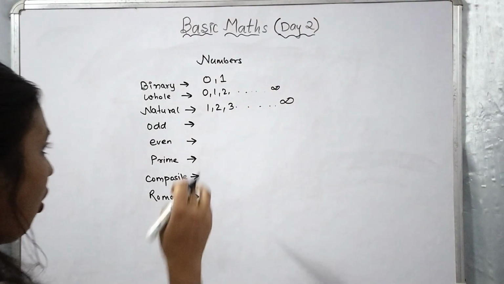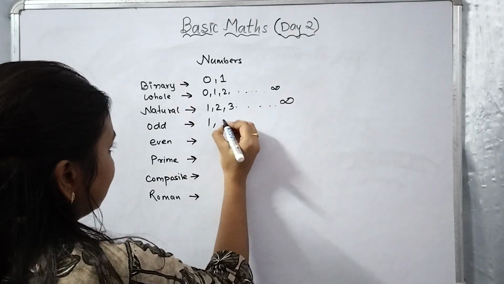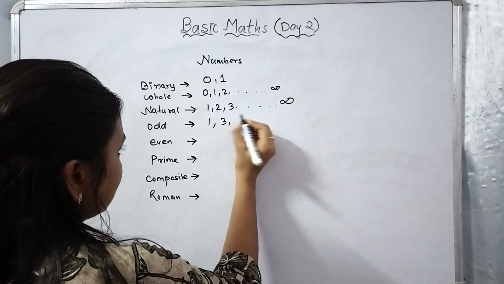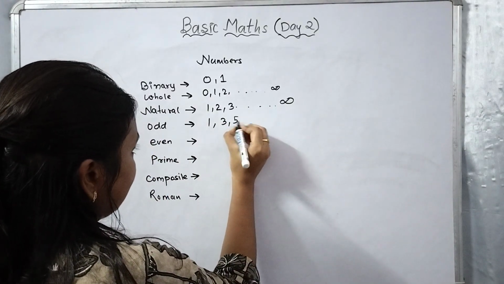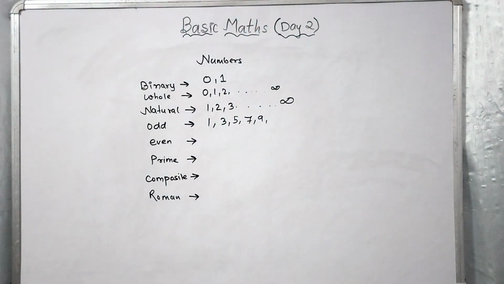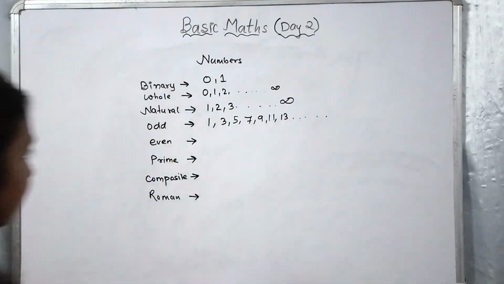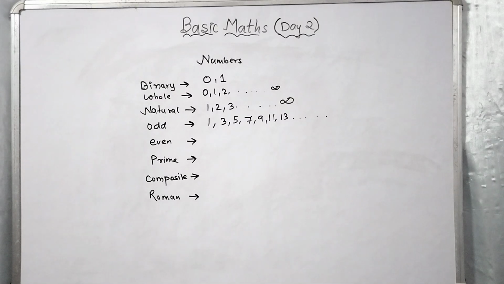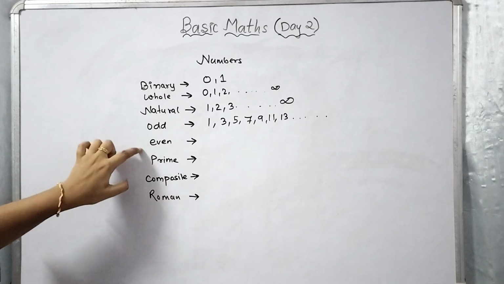Now there comes odd number. Odd number is any number that is not divisible by 2. 1, 3, 5, 7, 9, 11, 13. So it continues. In my childhood I was also confused with odd and even.